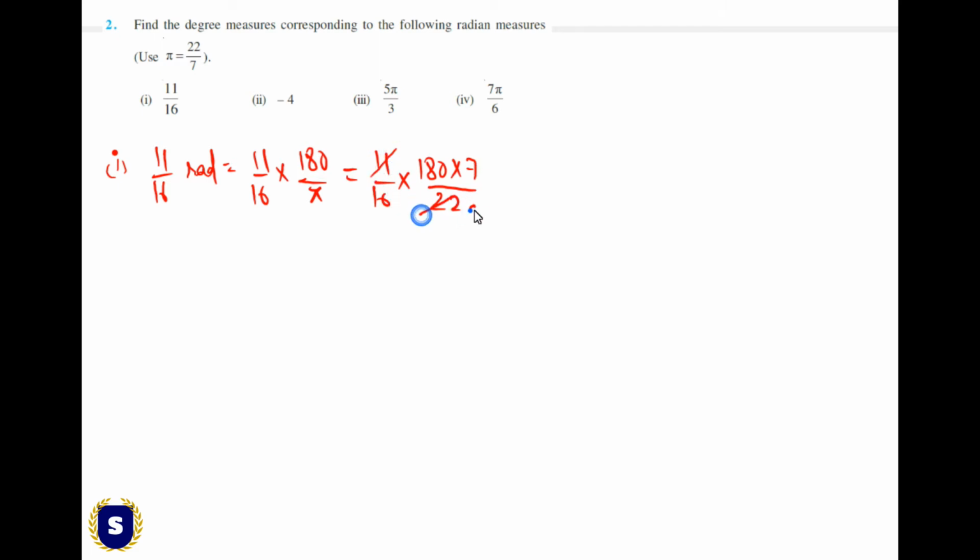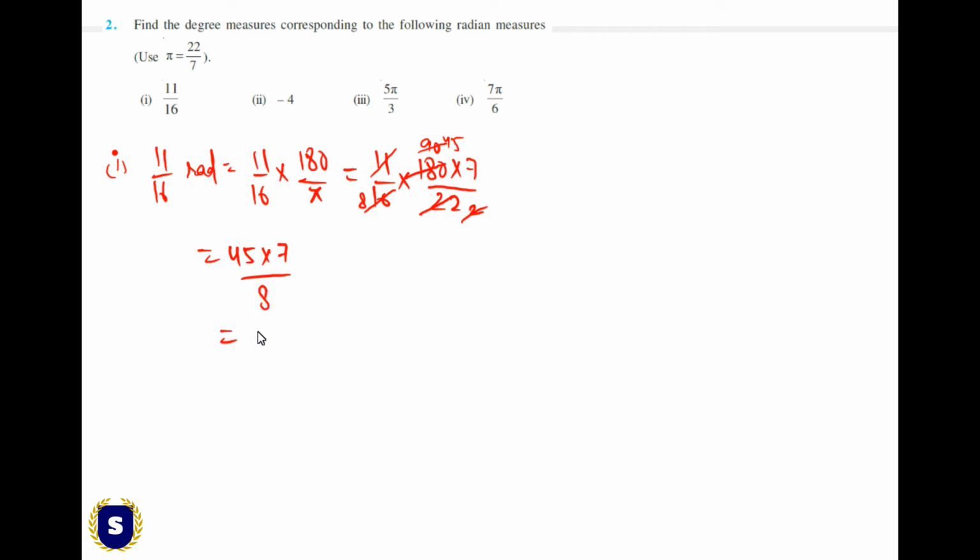Yes. Let's cut it. So the value will become 45 into 7 upon 8.